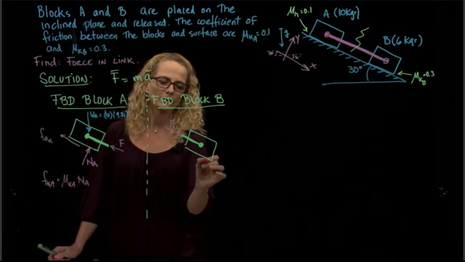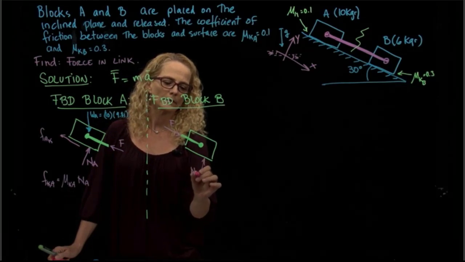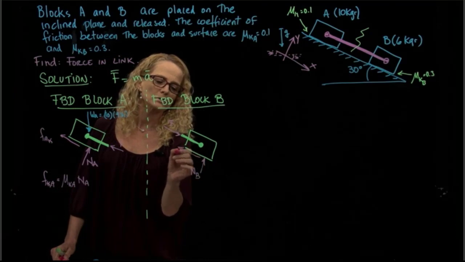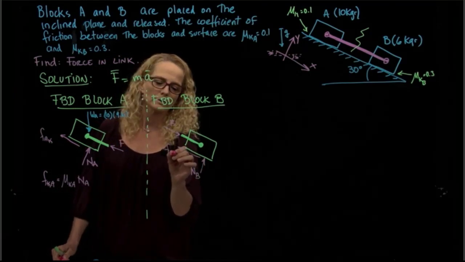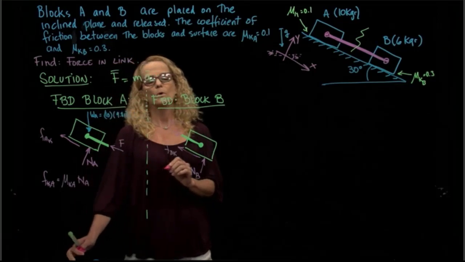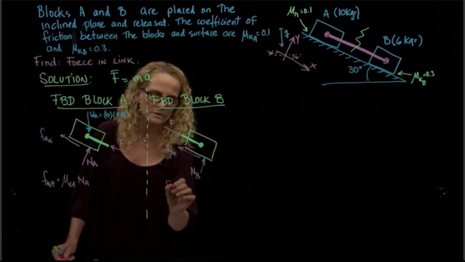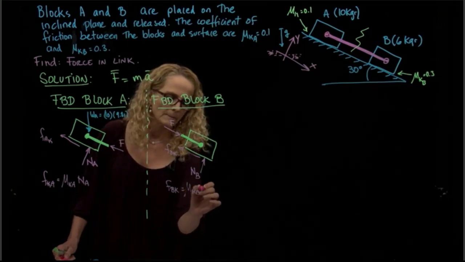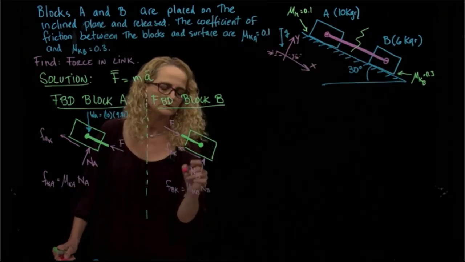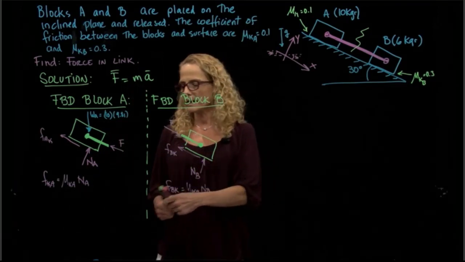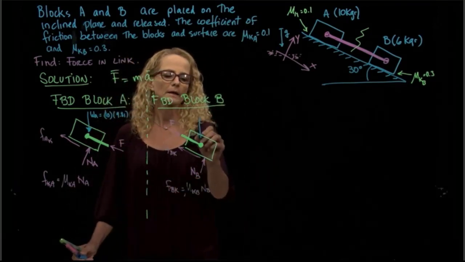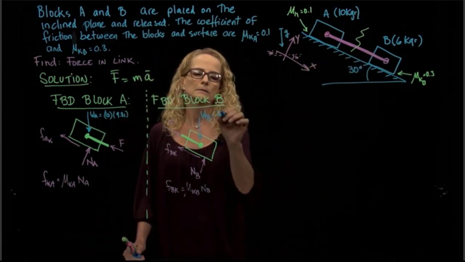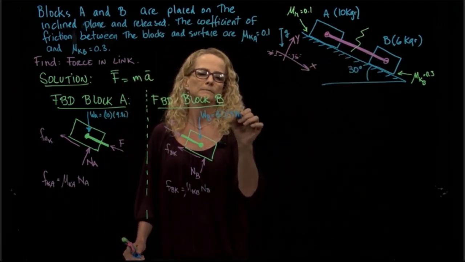I have another normal force, which I'm going to call NB. I have my friction force that opposes the motion, and that force is also my kinetic friction coefficient times the normal. And I have the weight, which is not unknown either, and it's the mass times the gravity.